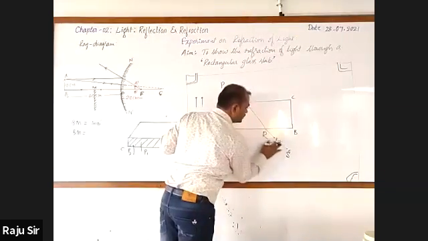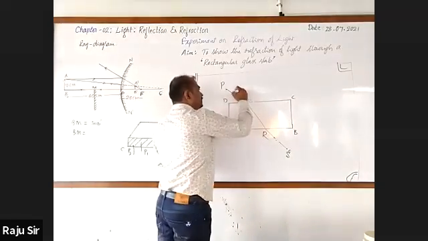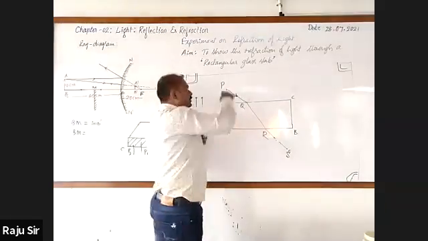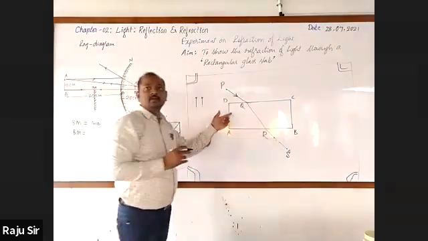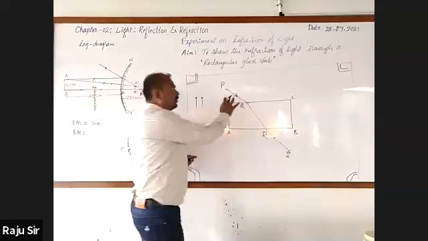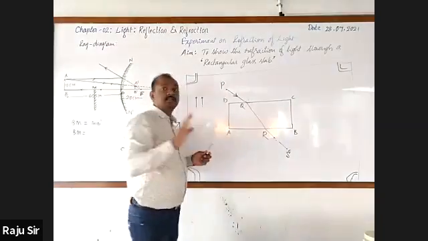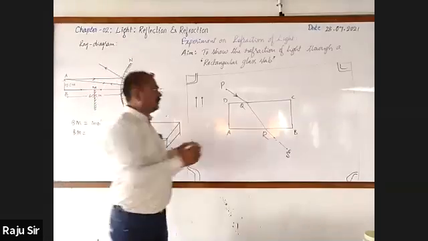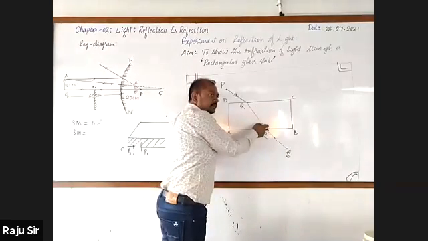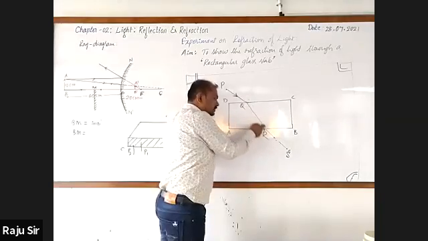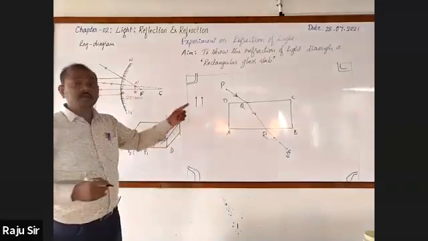Here, PQ is the ray of light which is in medium A, then it is incident on the surface of the glass slab, and we call this ray the incident ray. PQ is the incident ray. Then when it enters the glass slab, it gets bent, and that bent ray is QR, and this QR is called the refracted ray.